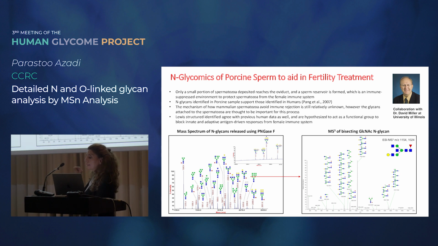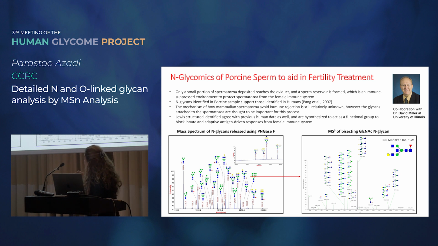And they postulated then that these Lewis structures could be responsible for the fact that the sperm can now get into the tract and not be blocked by the female immune system. So Dr. Miller wanted to confirm this in porcine samples and see whether any additional functional groups could be responsible for this.